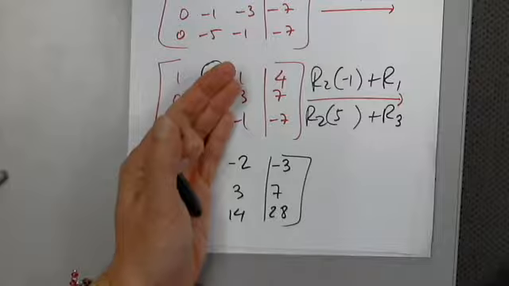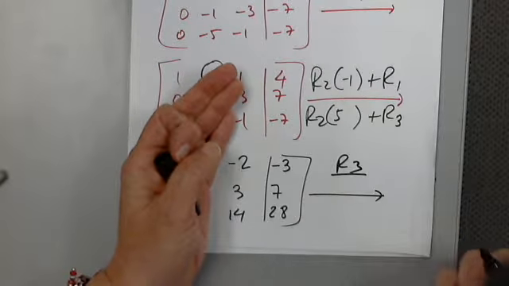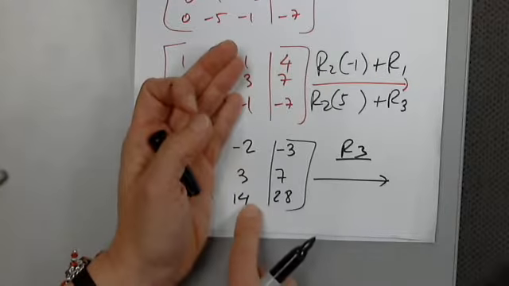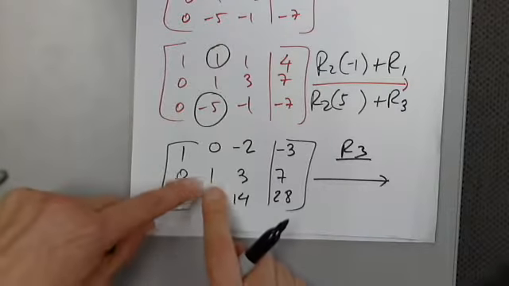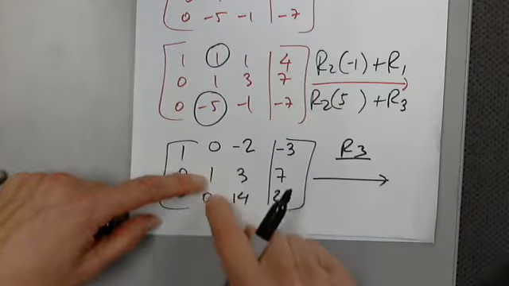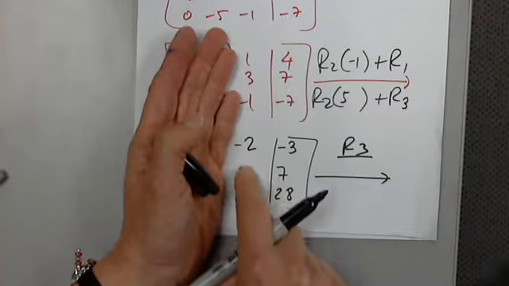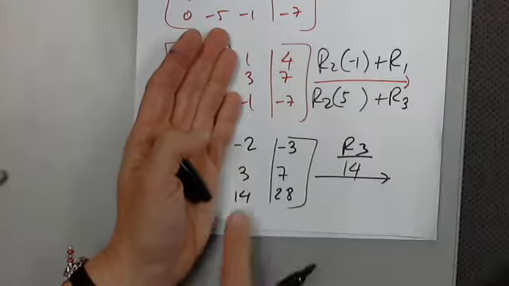Okay, where is my next step? Yes, what do I have to do to row 3? I want the 1. If I don't get the 1, I will not get the zeros. So that's my next step, exactly what I had here. I needed a 1 to get the zeros. If I don't get a 1 here, I cannot get the zeros. I have to divide by 14.